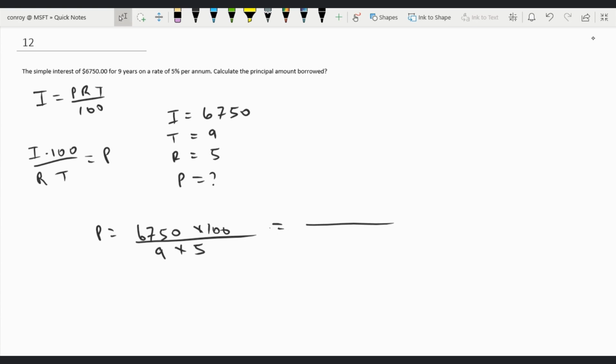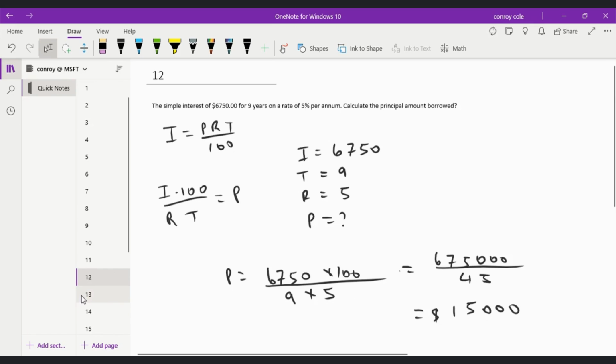And so it's 675 and our principal amount is 15,000. All right, so we would be paying back a principal amount of 15,000. All right, moving on to our next question now.